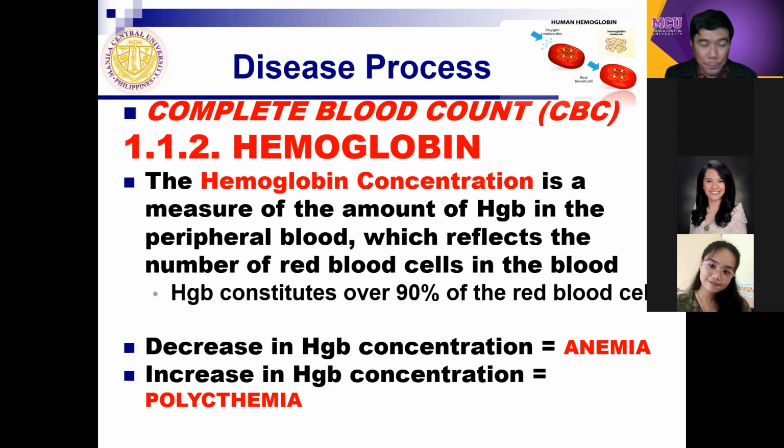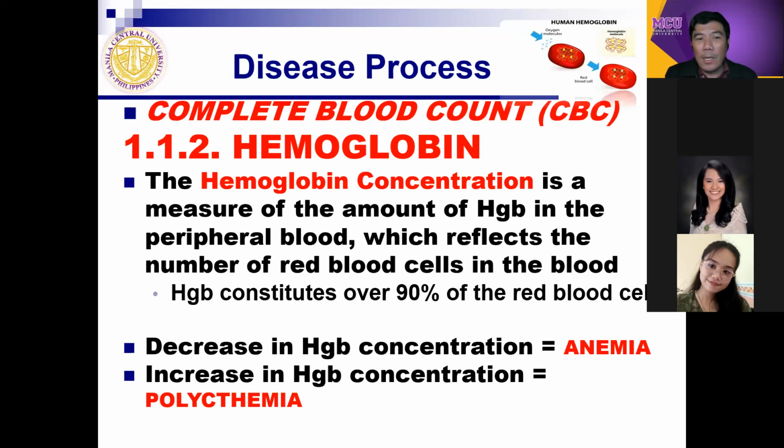So anemia, this is usually considered po na pagka ang patient is anemic, then probably the nurse knowledge here is there is a lack of oxygen that circulates the body. So that's one.